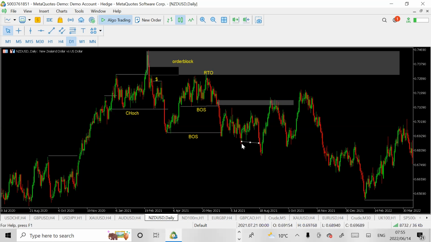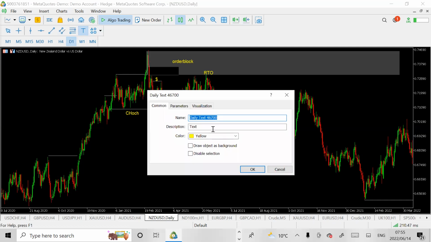But not forgetting that order block, it will still make a return to that order block, though most of the time it can take time to do a return. So it continued to make another break of structure.